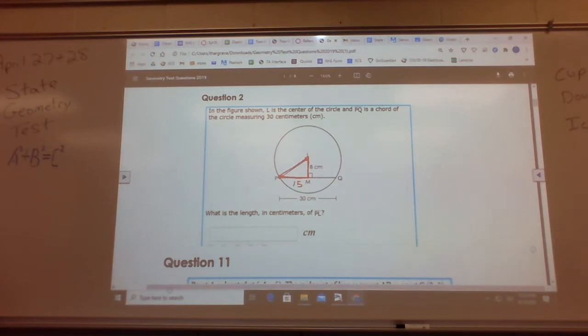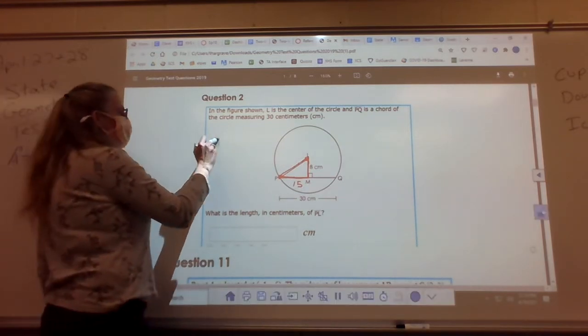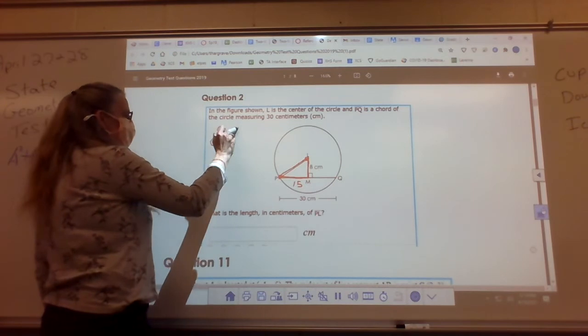How do I find the third side of a right triangle? Don't use subtract. A squared plus B squared equals C squared. Good old Pythagorean theorem.